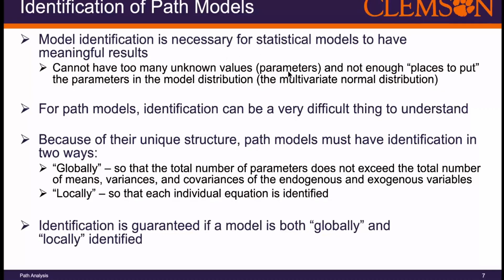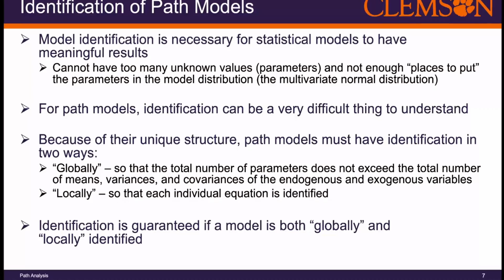Well, it turns out our path model has to have fewer parameters in it. Those are the regression coefficients, the residual variances, the intercepts. That number of parameters has to be less than the number of parameters in the saturated model. We saw this in the previous lecture where we talked about degrees of freedom being the difference in parameters between a saturated model and the model you're specifying.